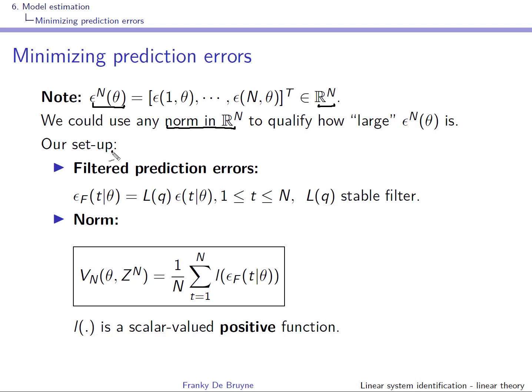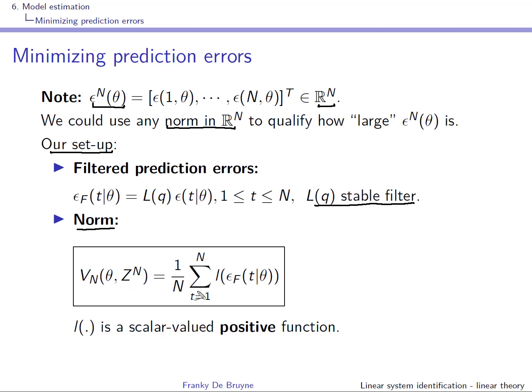So here is our setup. In general, we'll work with the filtered residuals, where L is some stable filter. If you don't want to filter the residuals, then you simply take L(q) equal to 1, but the idea is that you can orient the fit in certain frequency regions. And what we'll do is use the following norm, right?